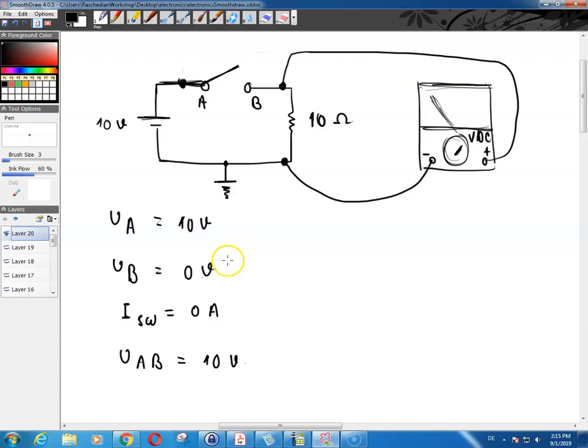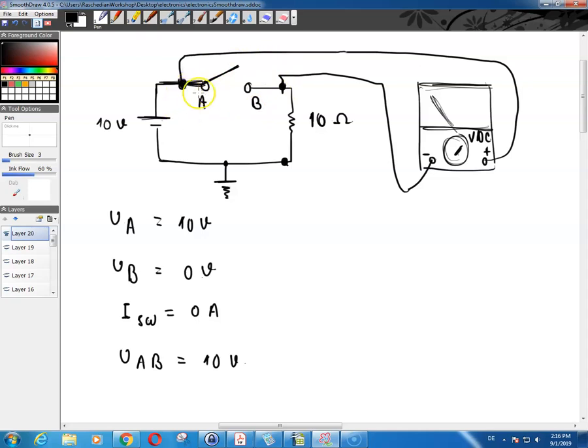And V of AB is basically, if you, for example, connected the positive lead or the positive probe to this point over here, and if you connected your negative probe over here, this is the voltage across these 2 points.